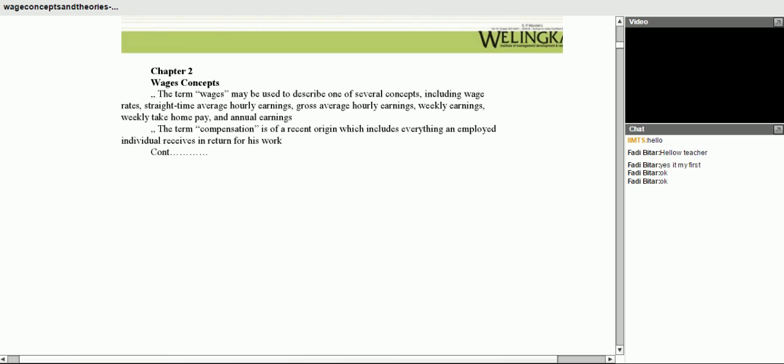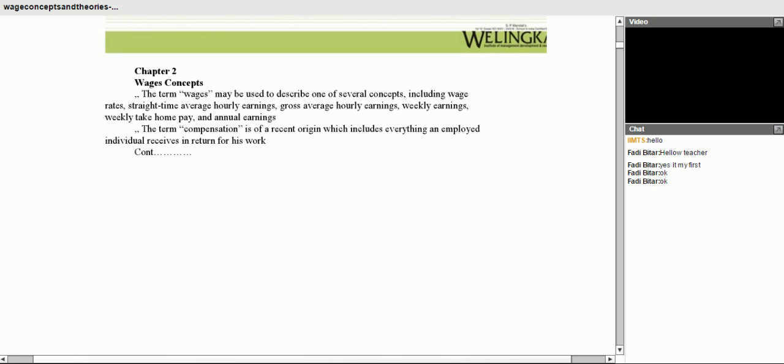Now is it visible to everybody? Can you all see? Muhammad, Fadi, Naeem, can you see what's written? Just a second.